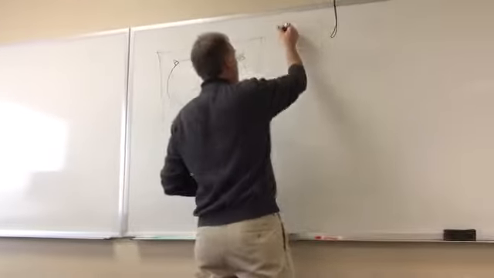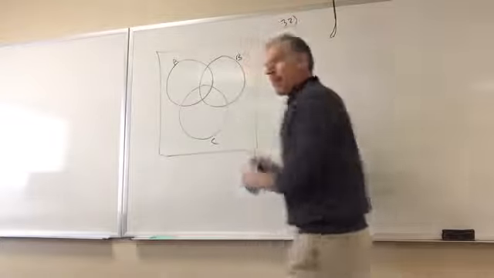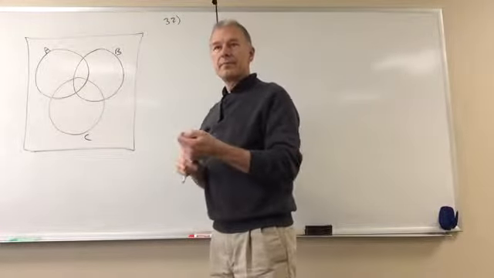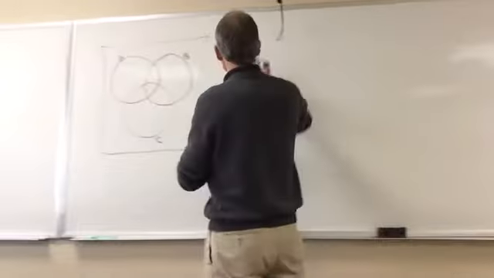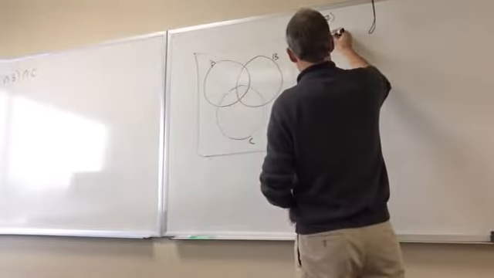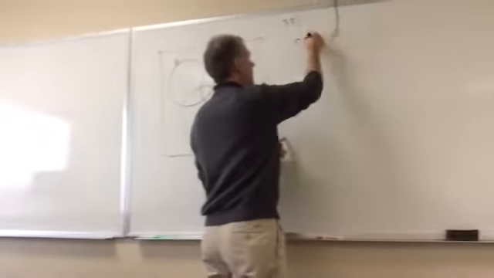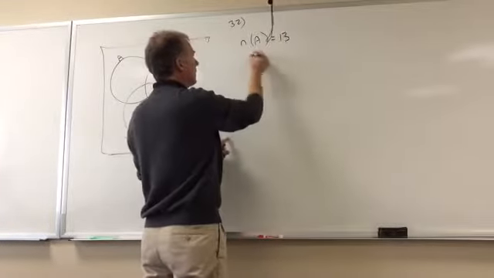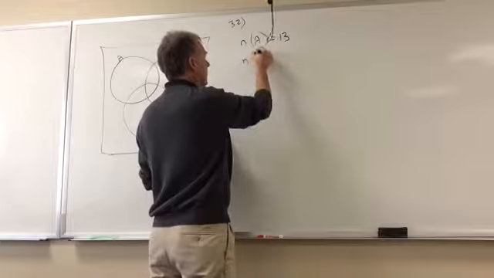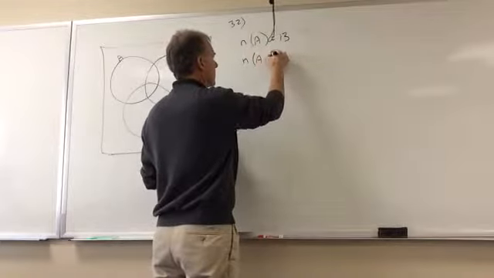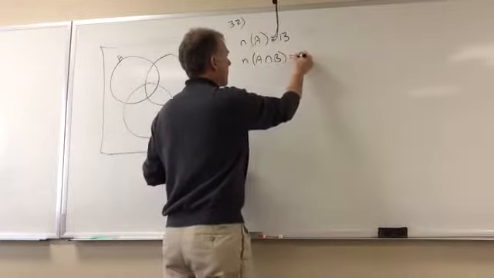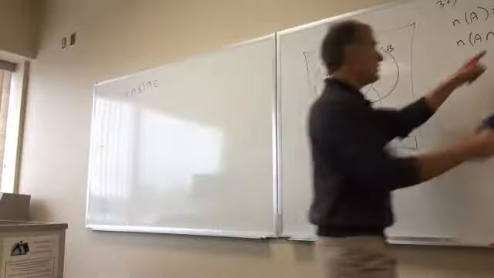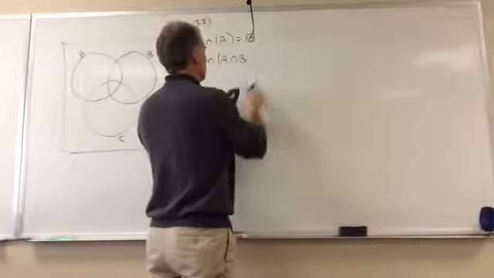Okay, so this is problem 32 in your book. It's kind of long, but can somebody just read that to me? We have n of A equals 13. N of A intersect C, oh, just a sec. So I need to, this is intersect all of them?